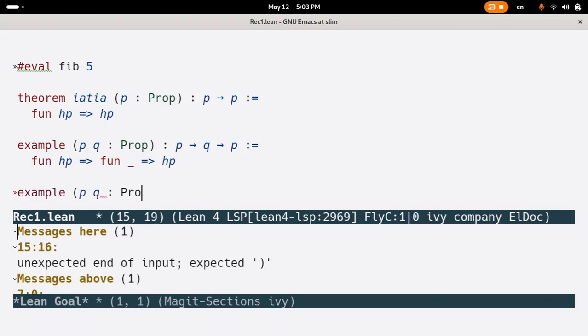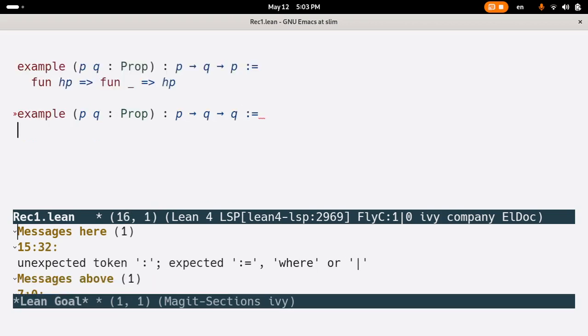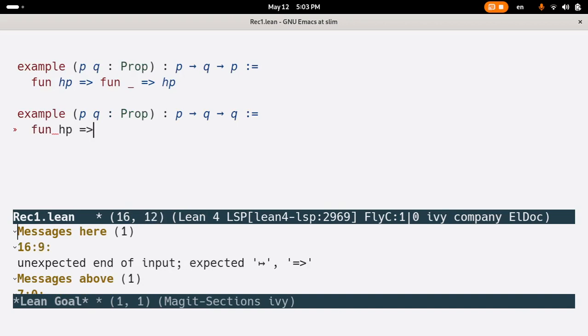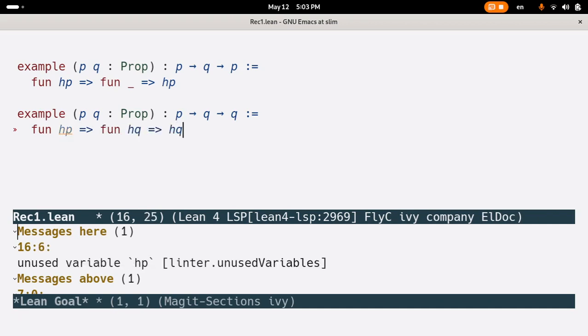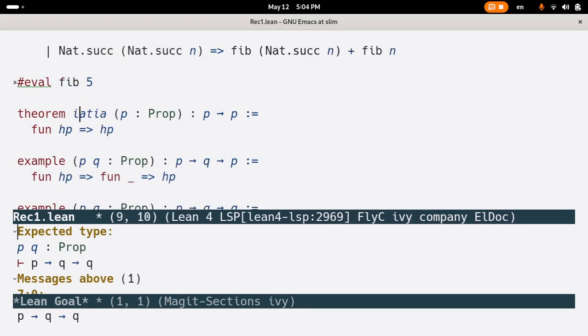So you can also prove P implies Q implies Q. So here I have to take a proof of P and produce a function that takes a proof of Q and produces a proof of Q. Again, notice that HP is unused and Lean complains, so let me replace it with an underscore.